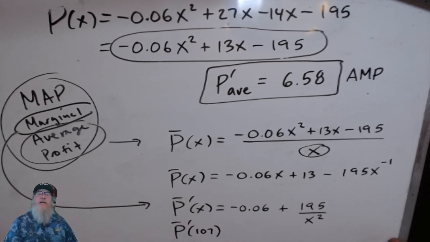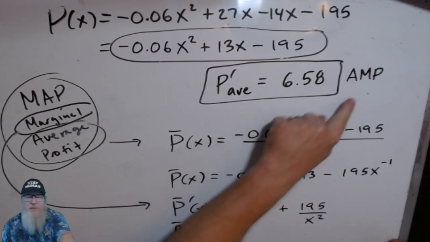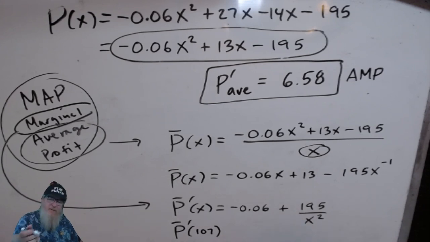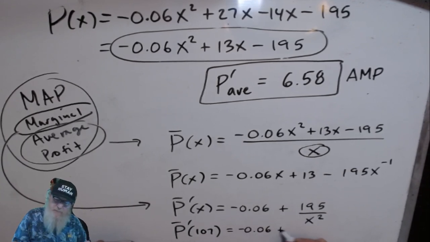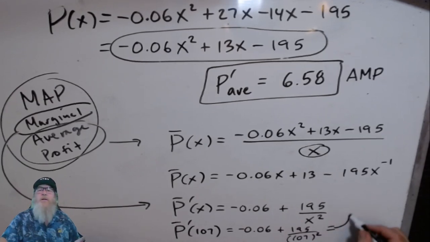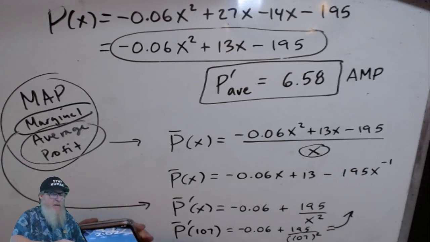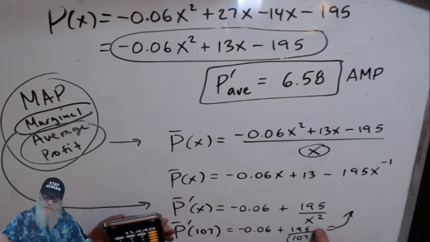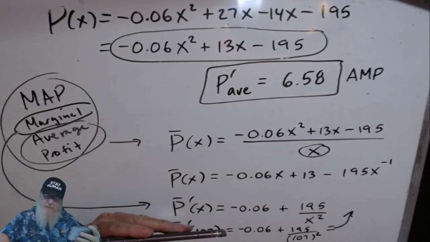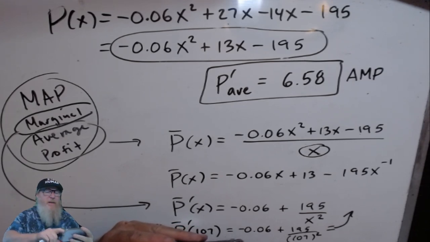You don't have to take an integral to do the MAP. You have to do the marginal average profit. You have to do an integral to do the AMP, the average marginal profit. And let's see the difference. So I've got 107 squared, and then 195 divided by that.